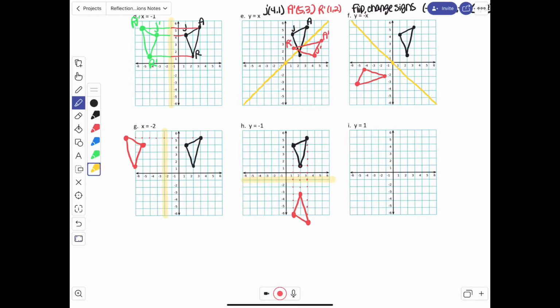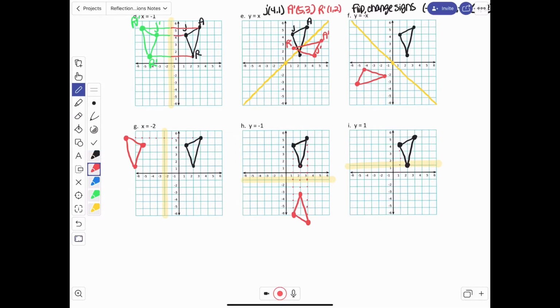And our last one, we have y equals 1. So we go up 1, it's going to be right here. So let's plot our original triangle. Okay, so this one's 1, 2, 3.